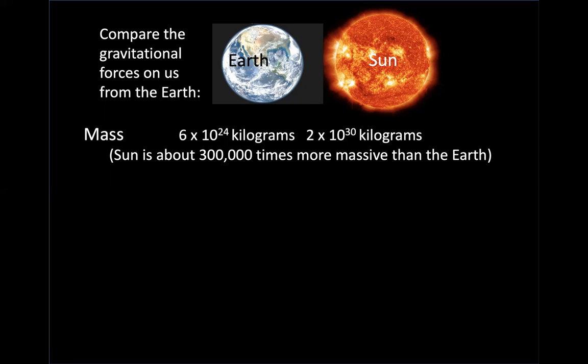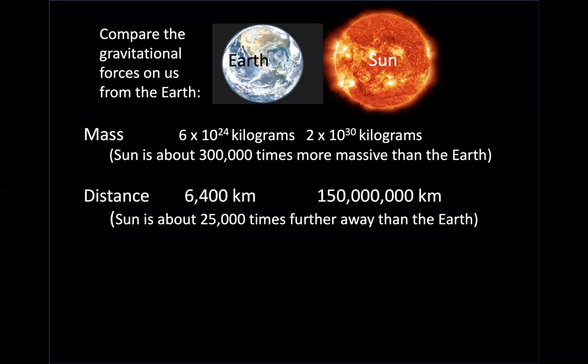So when we're considering gravity, we have to consider the distance to the average bit of Earth. And it turns out the distance to the average bit of Earth is basically at the center of the Earth. So our average distance to the Earth is equivalent to the Earth's radius, which is about 6,400 kilometers.